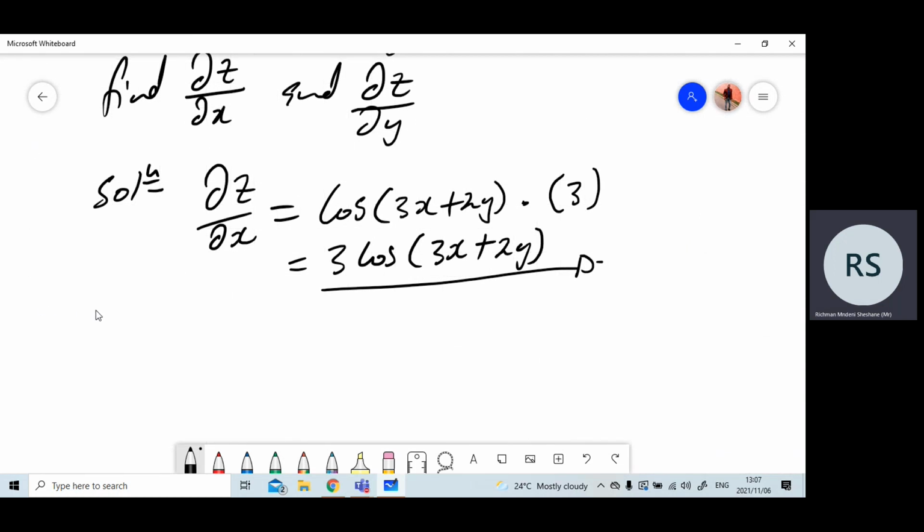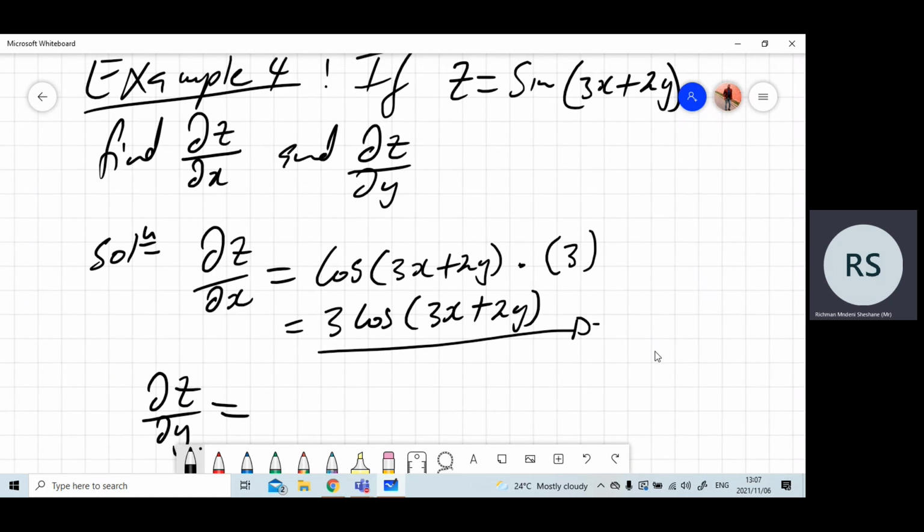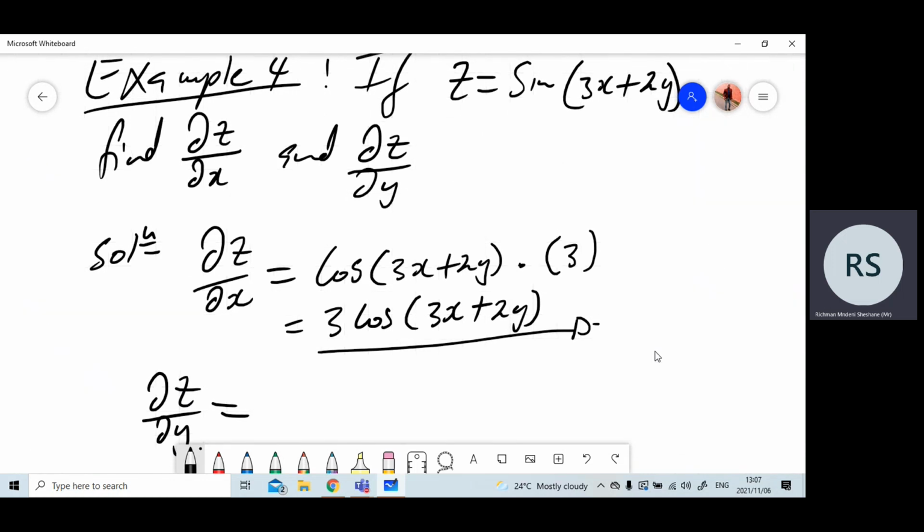Now let's find the partial derivative of z with respect to y. From our function here, we derive it with respect to y now. Again, we're deriving sine of a function. It's going to be cos of a function 3x plus 2y times a derivative of the inner function, but with respect to y.